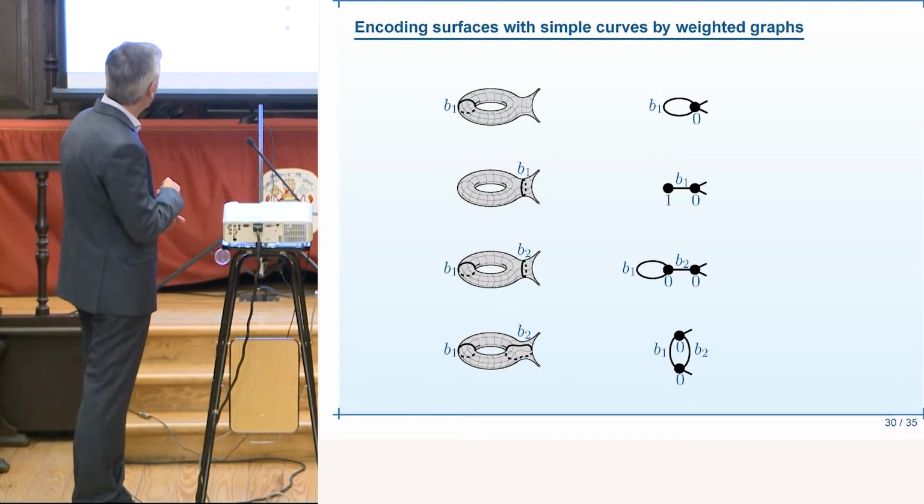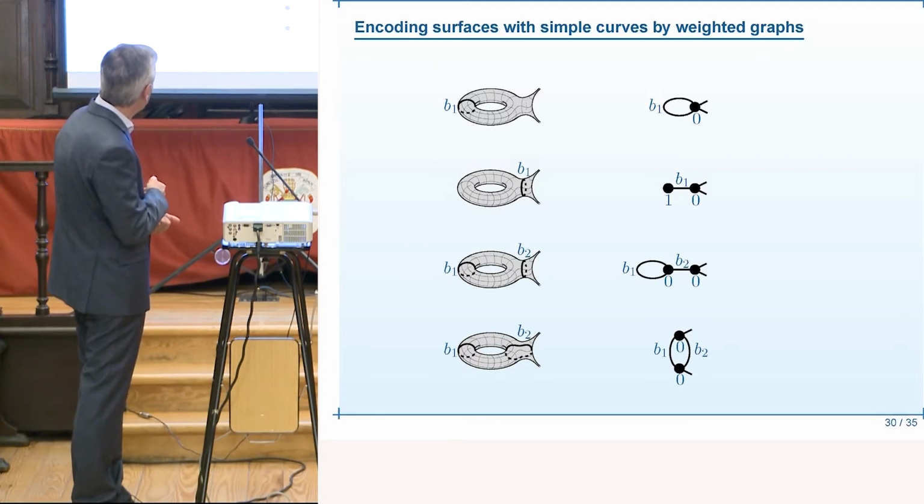So a torus with 2 marked points gives a torus with a hyperbolic metric and 2 cusps. And a decomposition of the surface by a single curve like this is encoded by a graph, and probably from the picture it is already visible what I am doing. So every marked point is encoded by a half-edge. The graphs are dual graphs to this decomposition.